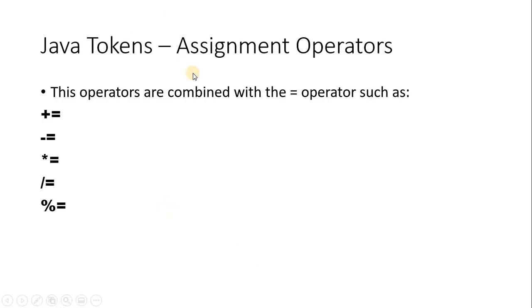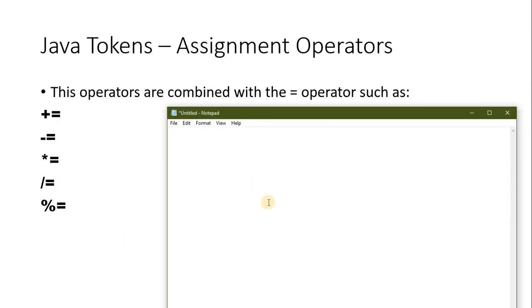The last operator is called the assignment operator. Assignment operator means assignment is equal. It starts with the equal: plus equal, minus equal, star equal, divide equal, modulus equal. In all these we can assign. For example, if we say A equals A plus B, this statement can be written as A plus equals B. So it is a short form, a combined form.